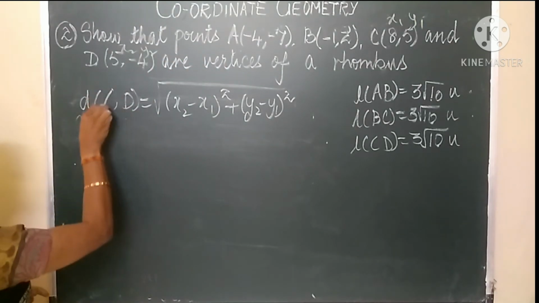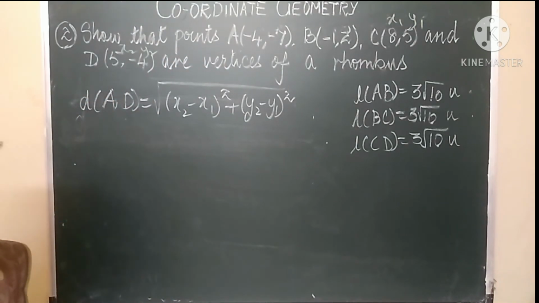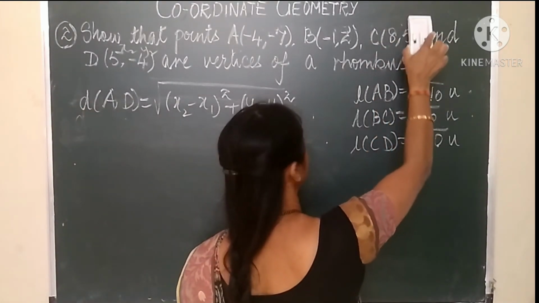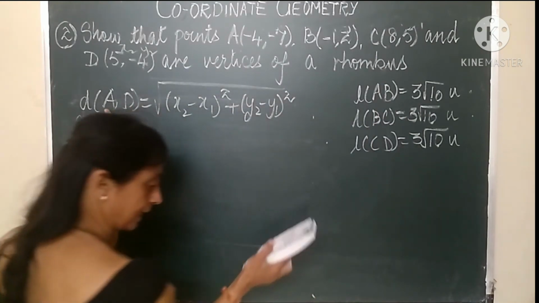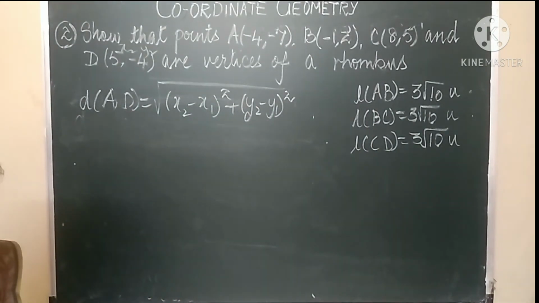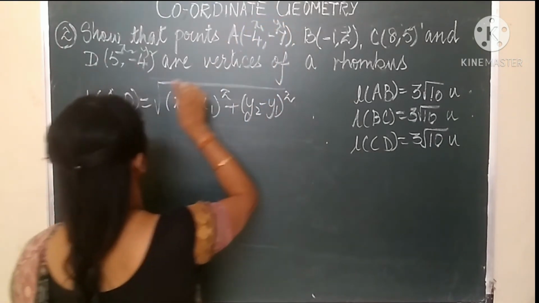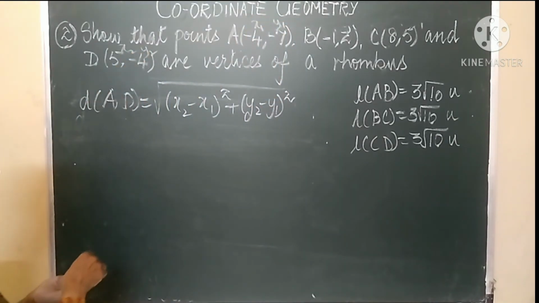AD. Again with the same distance formula, let's assign their coordinates as x1, y1 and x2, y2. As we are dealing with points AD, let's assign for point A as x1, y1 and for point D as x2, y2.